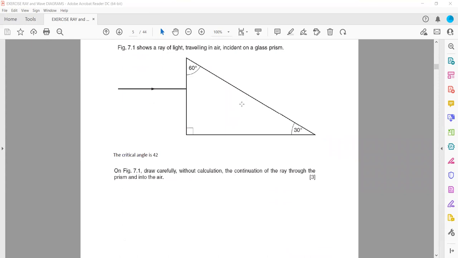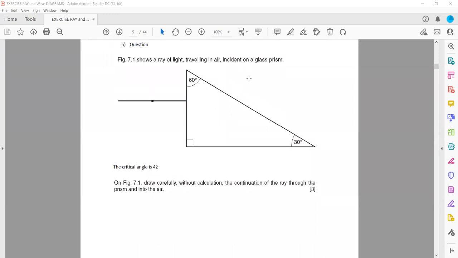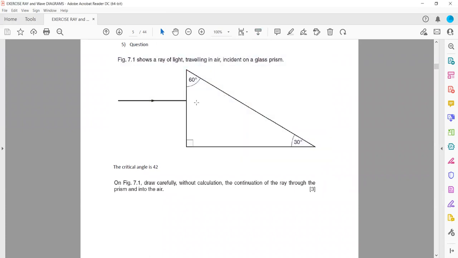Figure 7.1 shows a ray of light traveling in and incident on a glass prism. The critical angle is 42. On figure 7.1, draw carefully without calculation and continue the ray. So how will we continue? First, because it is passing along the normal, this is the direction in which the ray is coming, and that direction is the same as the direction of the normal.